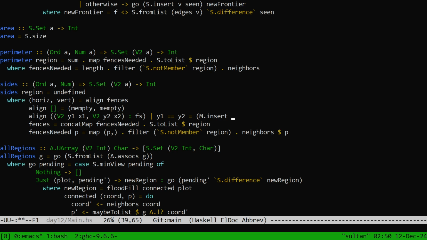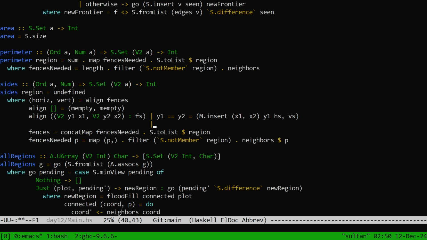So I want a map keyed by x1 and x2, saying there's a wall in between our cell x1 and their cell x2, and it's at height y1. Otherwise is h's and m insert y1, y2.